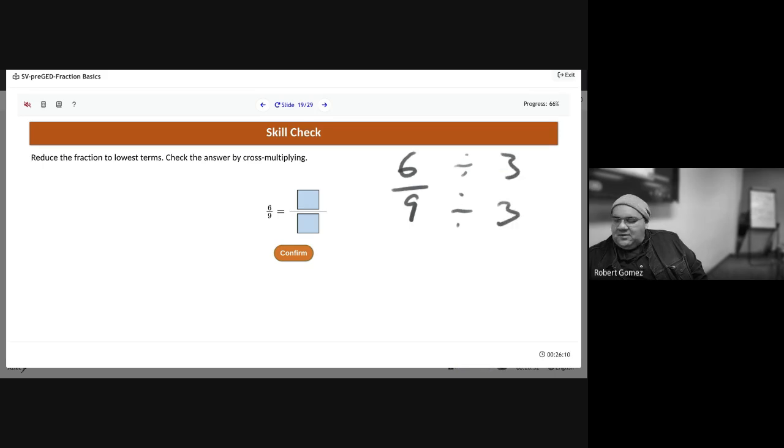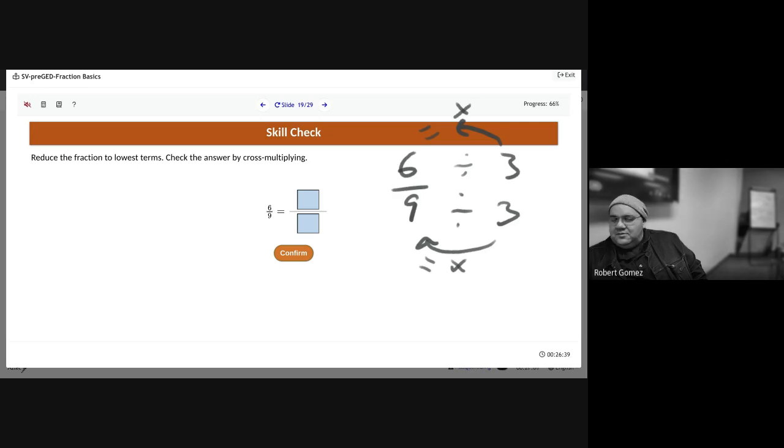And remember, if you can't do this division, you can use your multiplication chart to figure it out, because you just ask yourself 3 times what. You have to work backwards and use your multiplication chart, right? You can do that, all right?